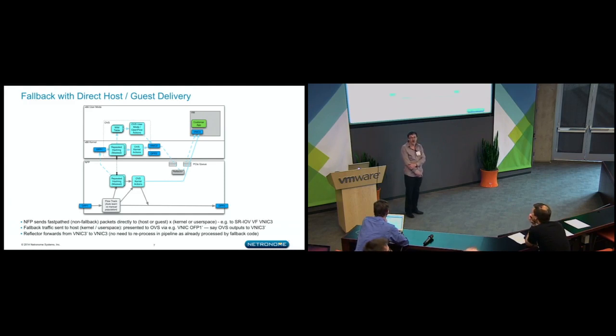But we also create a netdev to represent the port in the VM. So that's the VNIC 3 prime. And if we see traffic being sent by OVS out of that VNIC, we know we have to present it to the VM. So this allows us to have fallback, but still have SRIOV style delivery directly to VMs. Kind of have the best of both worlds there.